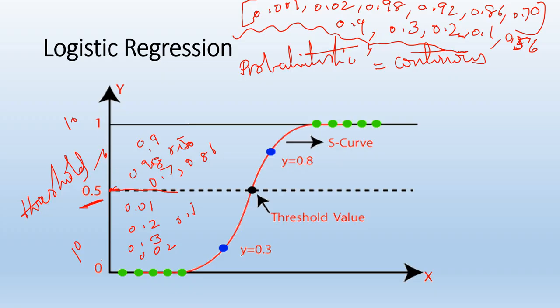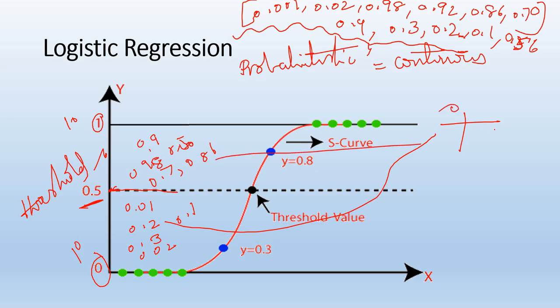The values which come under the threshold are predicted as 0, and the values above 0.5 it treats as 1, so that it is very easy to map the values. All these values come under 0, and all these values come under 1. That is how it predicts the probabilistic values. As the name indicates, it handles regression kind of probabilistic values and turns them into logical classes, 0 or 1. That's why the name is given as logistic regression.